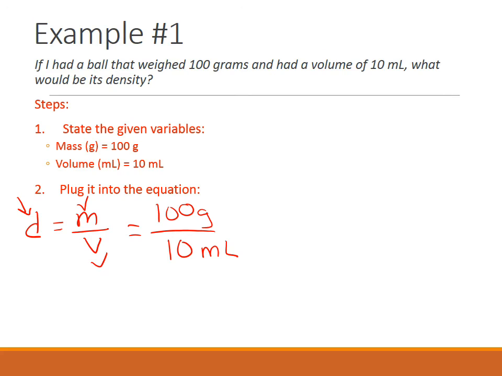We plug that into our calculator, and we should have an answer of around 10 grams per milliliter. It's important to include units in our answer so we know what value we have. Do we have density, do we have mass, or do we have volume? Grams per milliliter gives us our density. So our answer is 10 grams per milliliter.